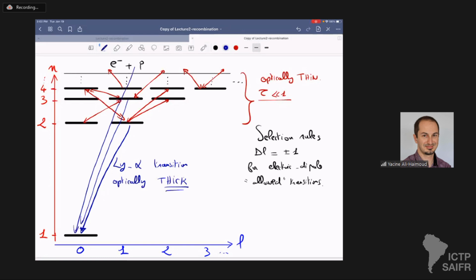All of those transitions are optically thick because at any given time, even if hydrogen is almost mostly ionized, they have such a high rate that even a small fraction of ground state hydrogen is enough to give a significant probability for photons to be absorbed in these transitions. Okay.